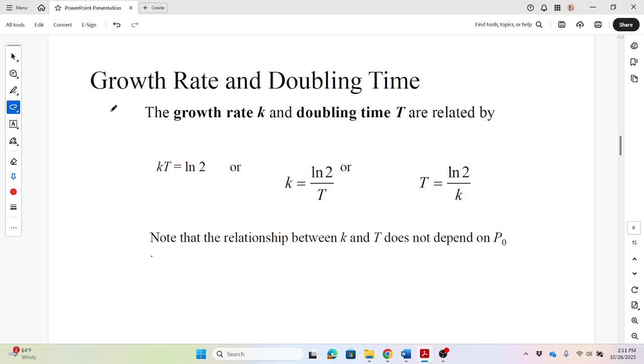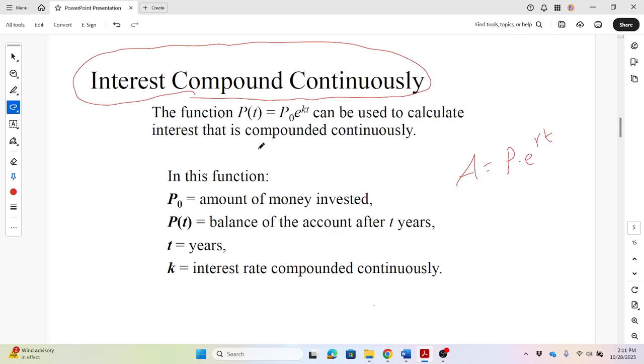Let's say you would like to find the growth rate, the value of k, and the doubling time t. Then we can use this formula. Here P of t is double P of 0, so I put P of t equal to 2 times the initial amount, and then you can cancel the initial amount, so it's irrelevant.